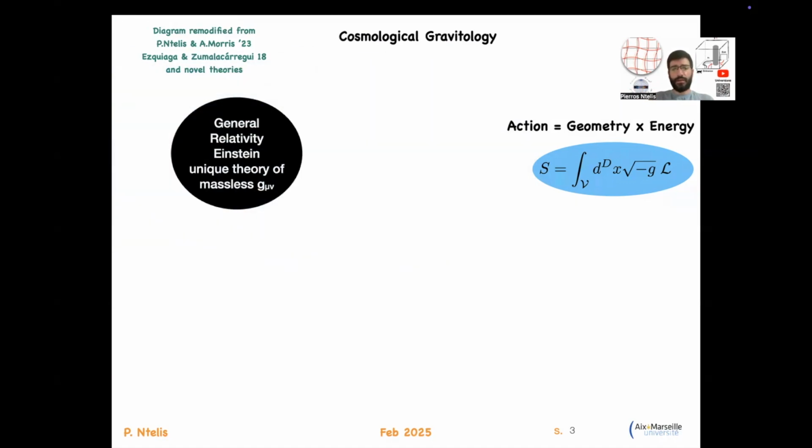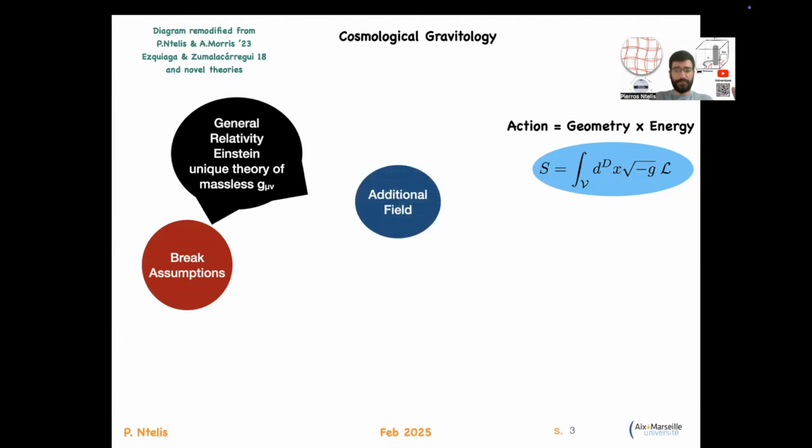At the heart of this theory, there is general relativity, Einstein's unique theory of massless gravity. And this is a basic theory that has passed many tests. However, we extend this theory in multiple ways. We break some assumptions, we add a field, or we add a massive gravity. And you see here, we can color code all these different types of theories.